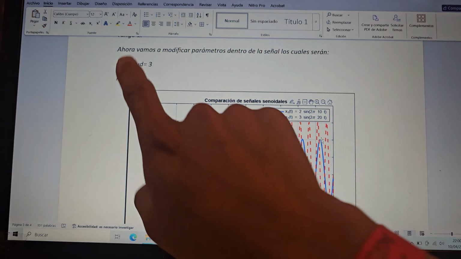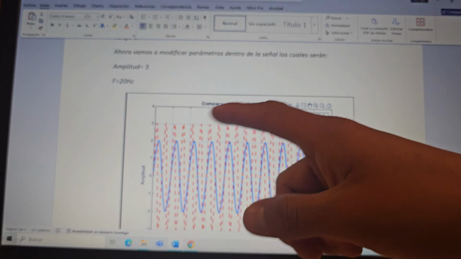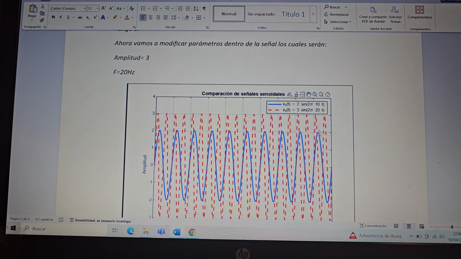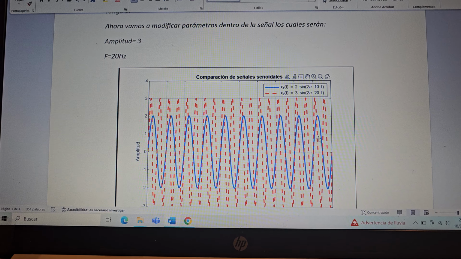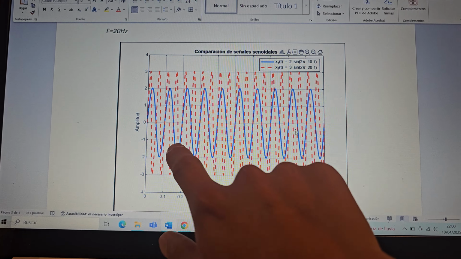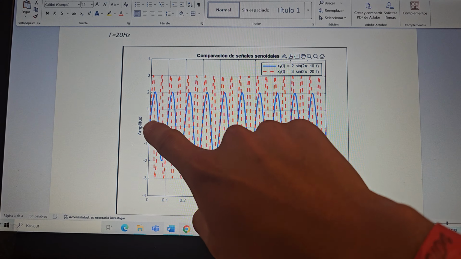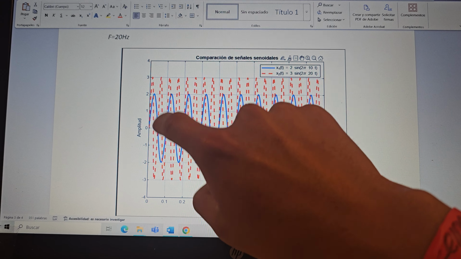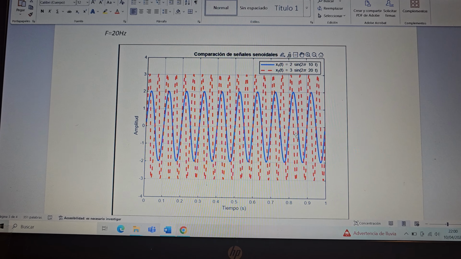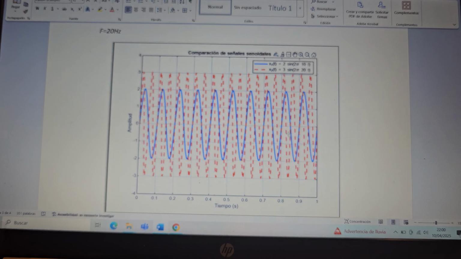I changed the amplitude to 3 and the frequency to 20 Hertz as well. So this is the graphic, and as you can see, we can see the difference compared to the other signal, which is in red and red points.